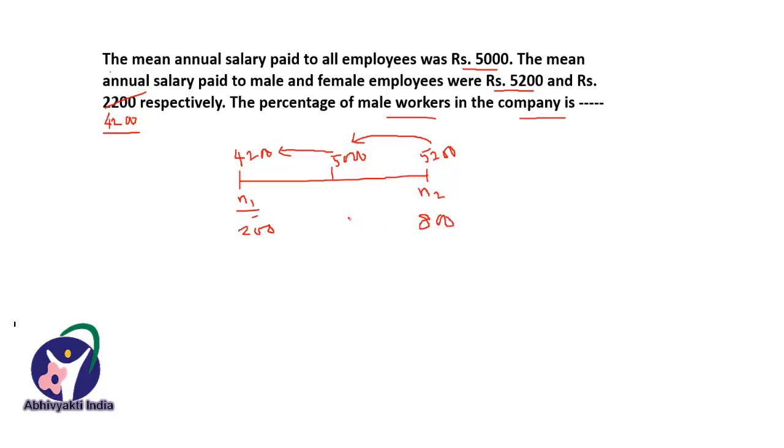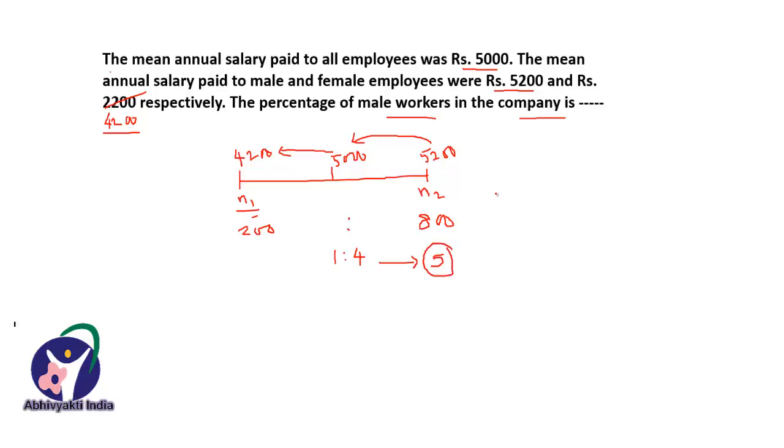So this ratio is 200 to 800, that is 1:4. It means the total parts are 5.